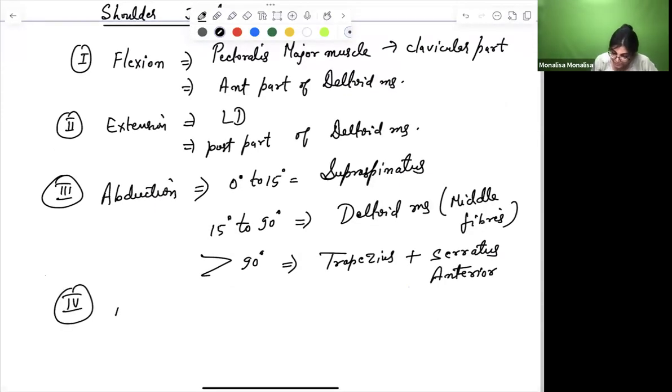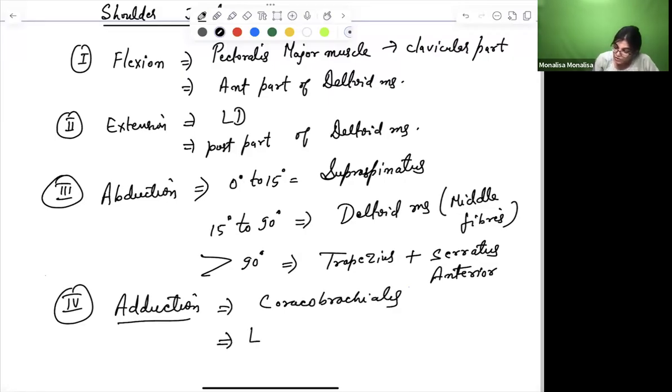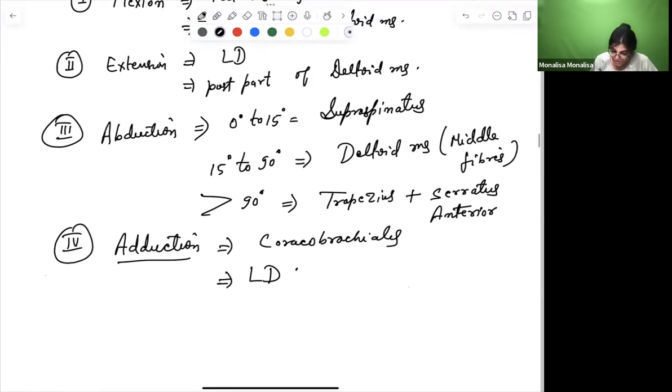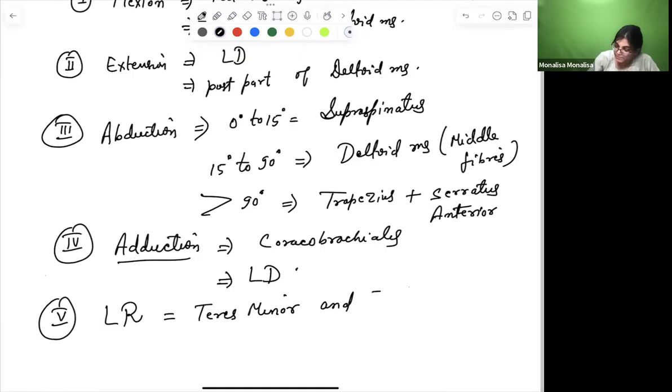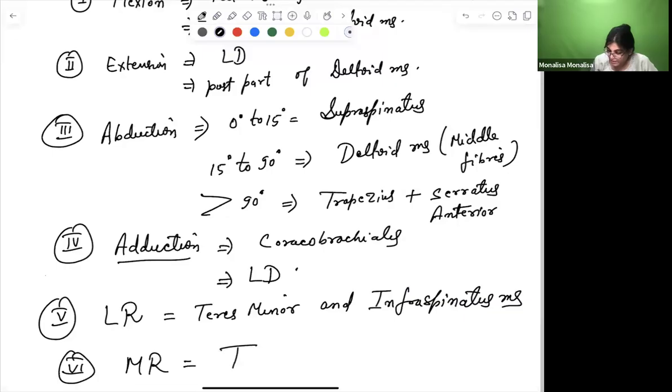Adduction is done by the coracobrachialis muscle and latissimus dorsi muscle. Lateral rotation is done by teres minor and infraspinatus muscle. Medial rotation is done by teres major and subscapularis muscle.